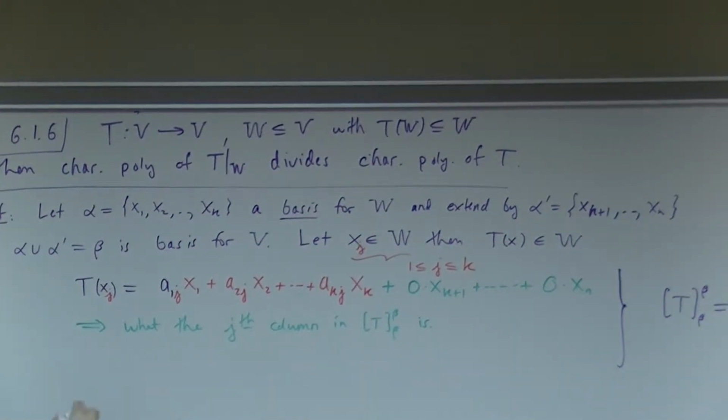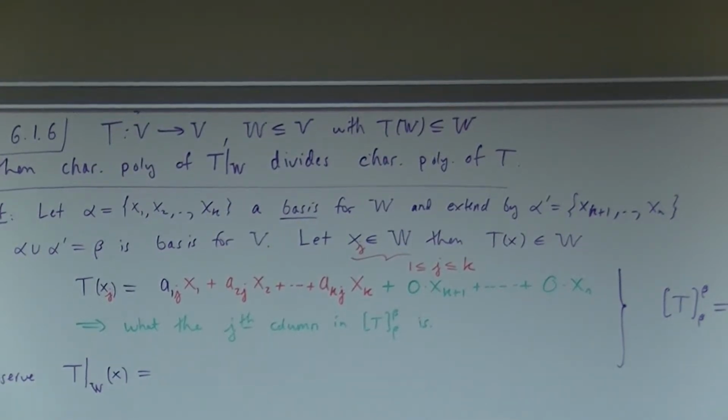In particular, observe that if you take T and we restrict it to W, what's T restricted to W? T restricted to W of x is equal to what? How do we define this? What is the restriction of a map?